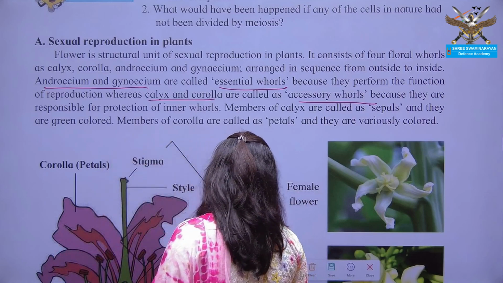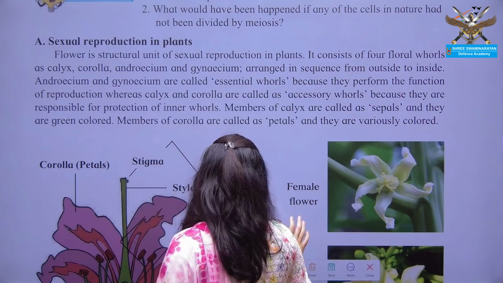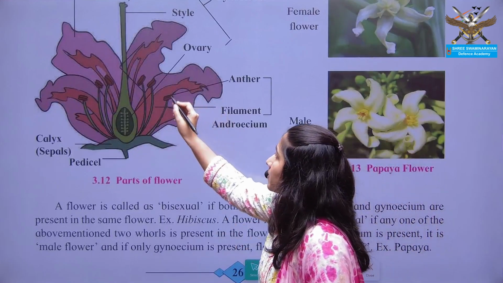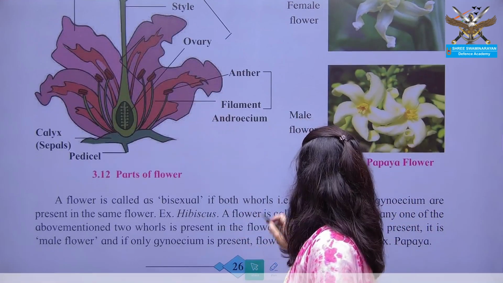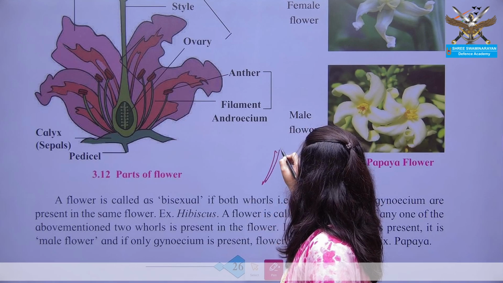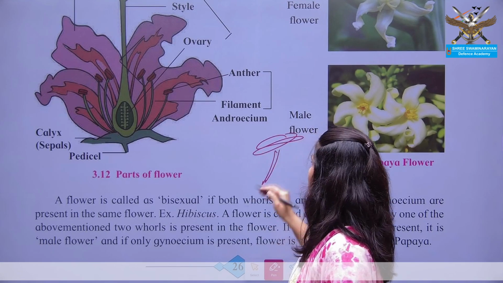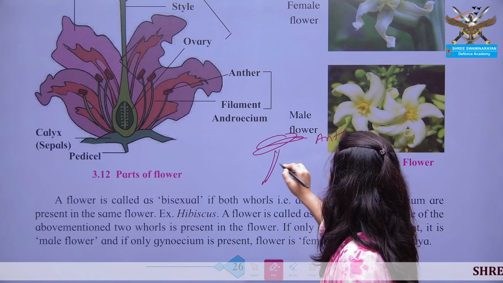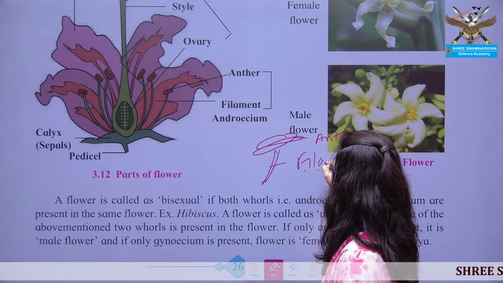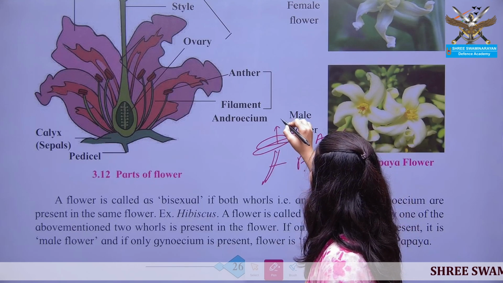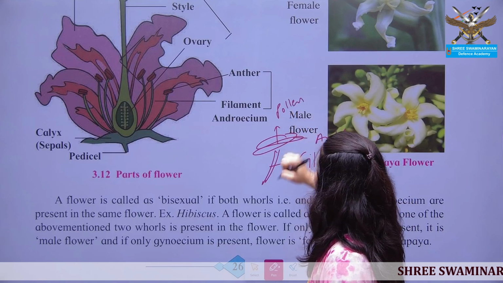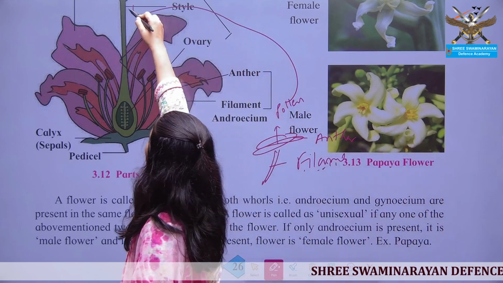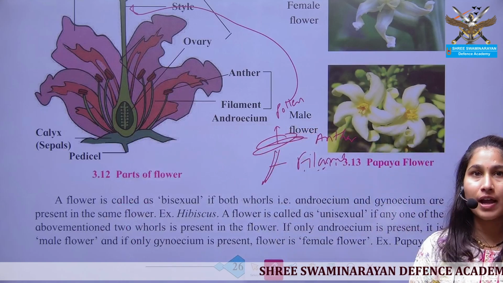How are they supporting? Suppose there is the anther with pollen grains. So this is the structure of your anther, right? This is the filament, and this anther has the pollen grains. This pollen grain should transfer to the stigma of the gynoecium.